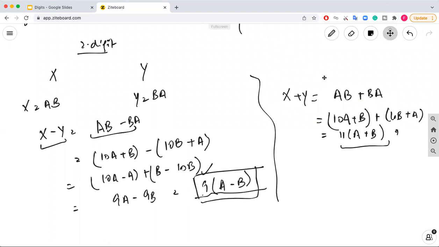Now, let me throw a very simple question at you. What is the two-digit integer that is twice the sum of its digits?